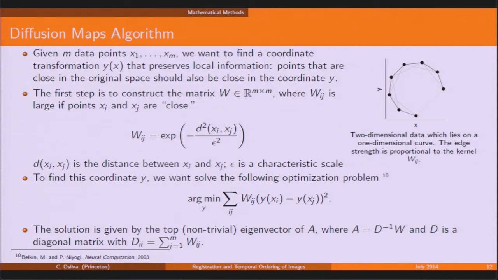And you assume that points that are close in the original space should be close in your parameterization, right? If I have 2 images and they look very, very similar, I think they should be close developmentally. And so then you put all these sorts of ideas in a big matrix. So you use some kernel of the distance, which means the value will be large if the data points are close, and it'll go to 0 if the data points are not close, if the images look very, very different. And then you find a parameterization where things which are close originally are now close in your parameterization.